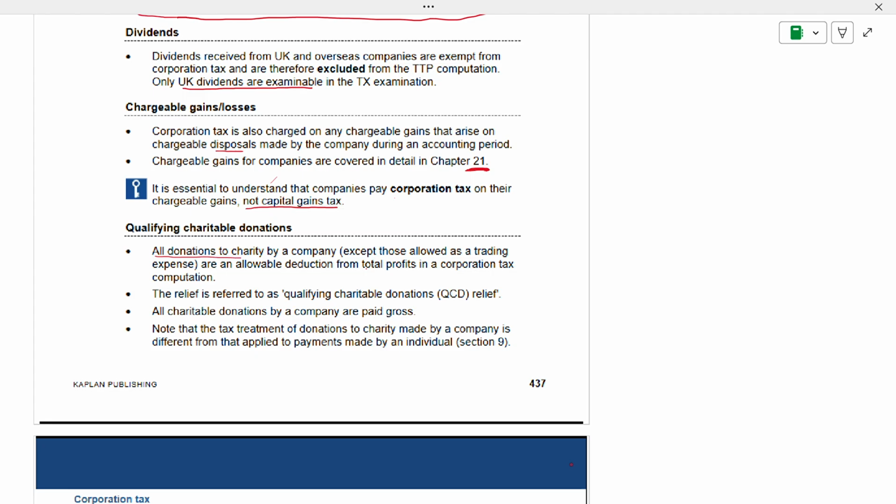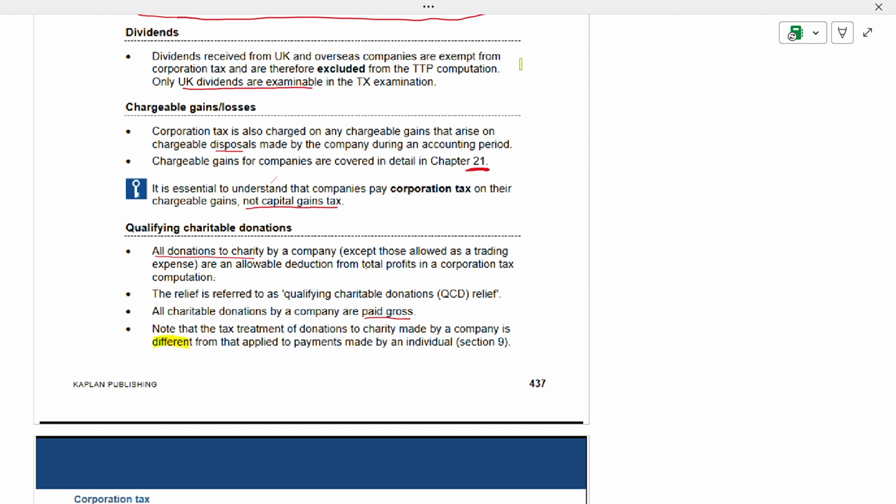All donations to charity by the company, except those allowed as a trading expense. All donations to charity by a company are an allowable deduction from total profits, with no restrictions, in a corporation tax computation. The relief is referred to as a qualifying charitable donation. All charitable donations by a company are paid gross.